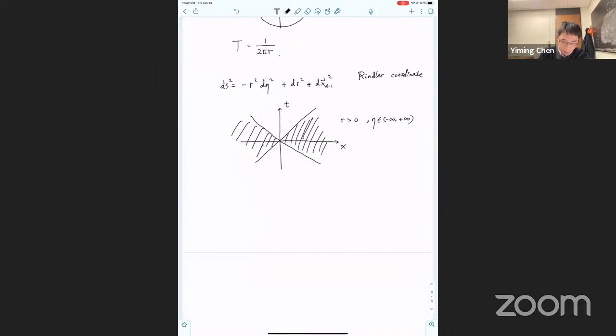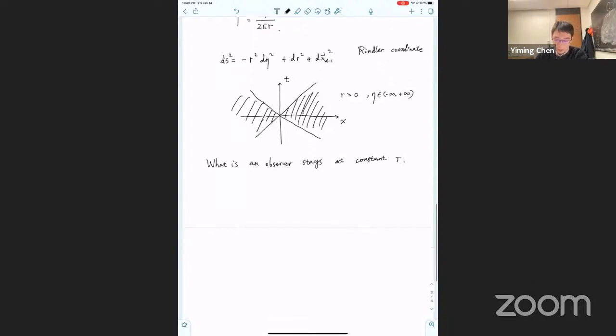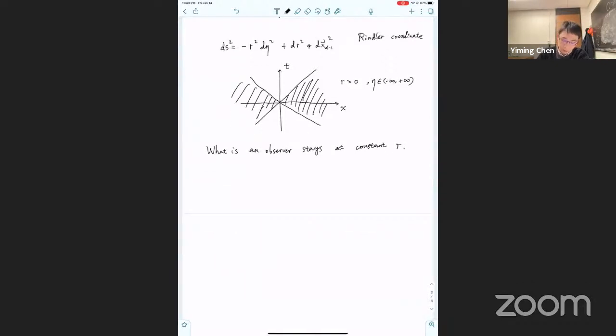So now let me come to this question. We need to answer the question, what is an observer that stays at constant r, okay? That's why it is related to a constantly accelerating observer, because if we draw the world line of an observer that stays at constant r, we see that it goes on a curve like this. This observer first comes closer to the origin, and then it travels to infinity again.